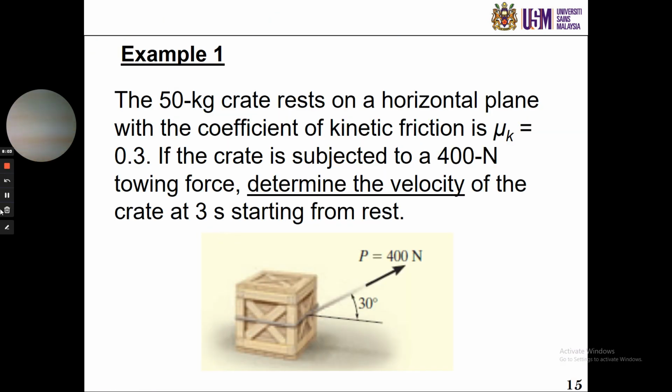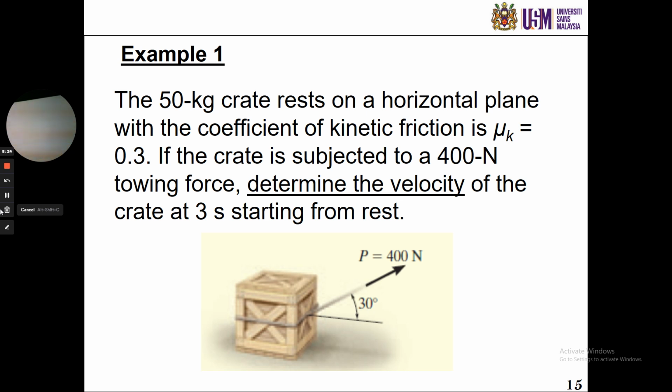All right, let's take a look at the first example, where we have this box pulled by a string. The string has 400 Newtons of tension, pulling at 30 degrees from the horizontal.